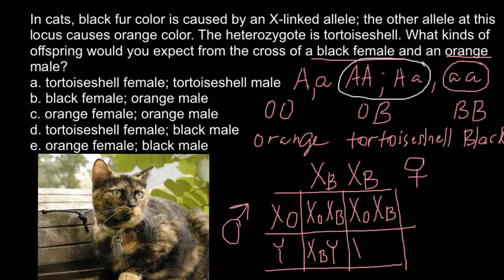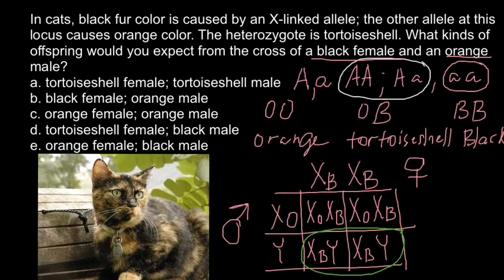As you see, 50% of the progeny would be males and 50% females. All the males would be black because they have only one X chromosome. The genotype would be XY: they get the X chromosome from the mother and the Y chromosome from the father, and all the phenotypes would be black.